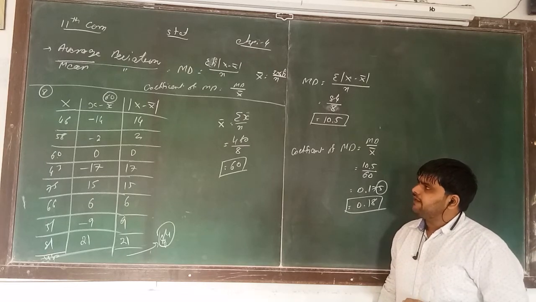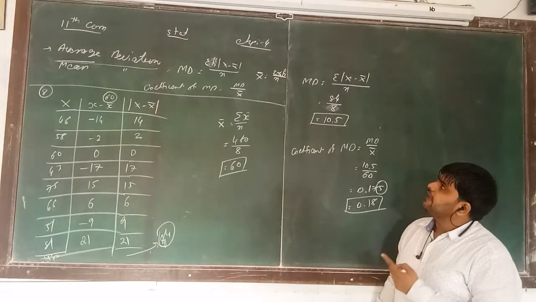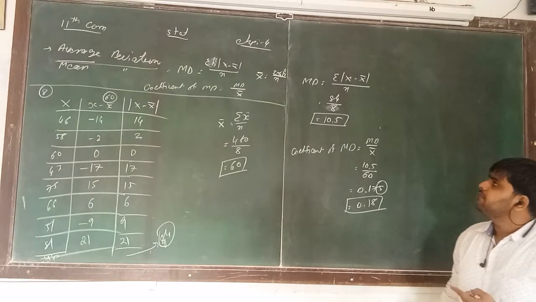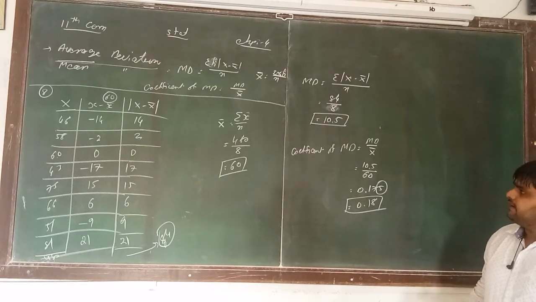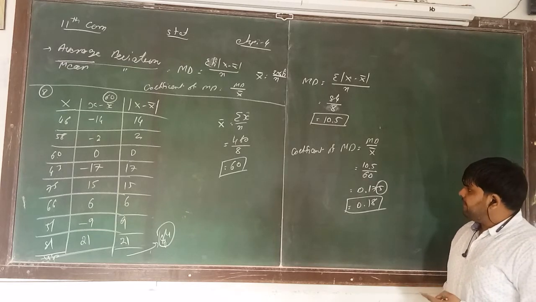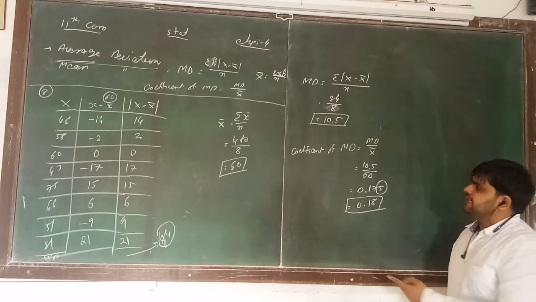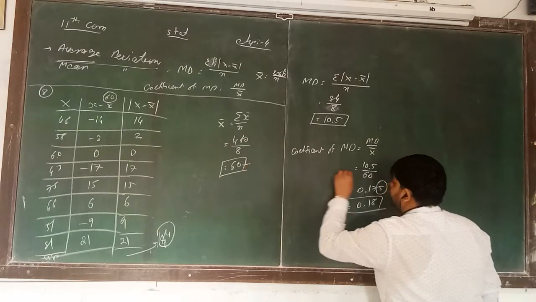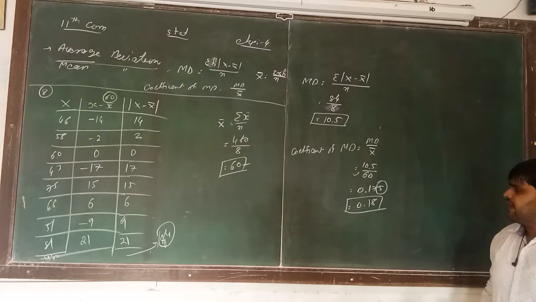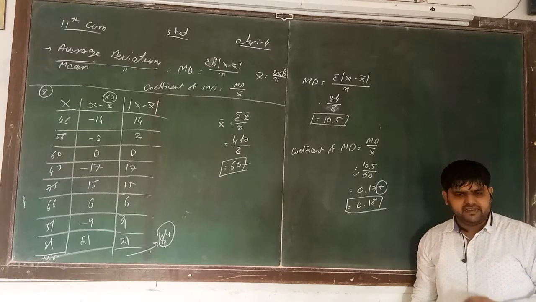X bar is sigma x upon n, and MD is equal to sigma modulus of x minus x bar upon n. Coefficient of MD is equal to MD upon x bar, that is 10.5 divided by 60, where 60 is the x bar. Our answer will be 0.18. Let's see.